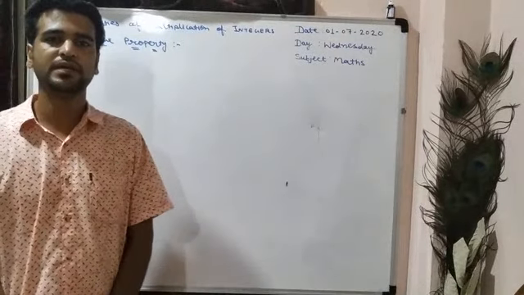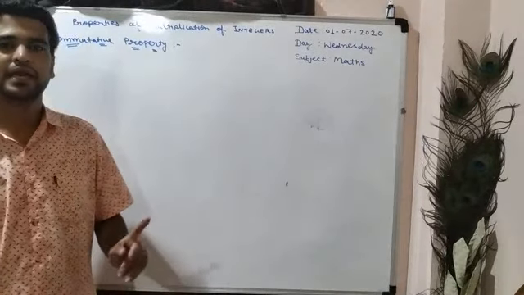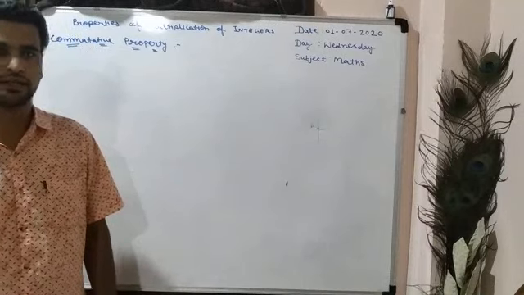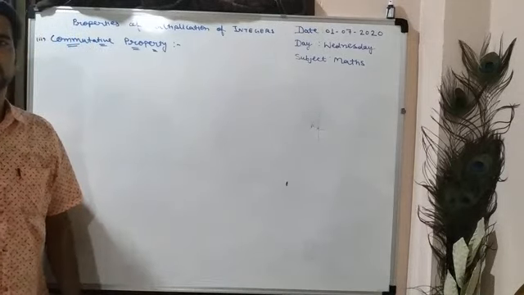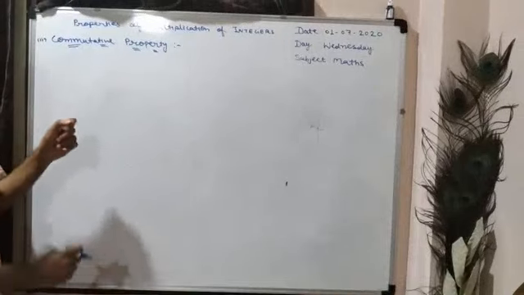And what is commutative property? If we have a and b, two integers, then a into b is equal to b into a, then we can say integers are commutative under multiplication.